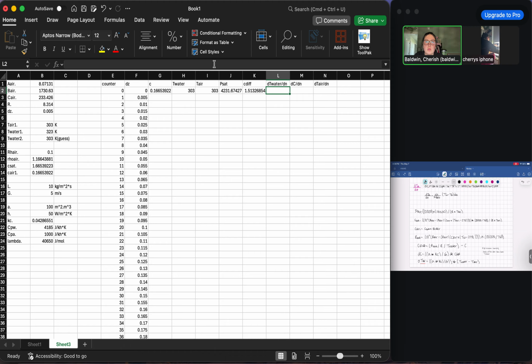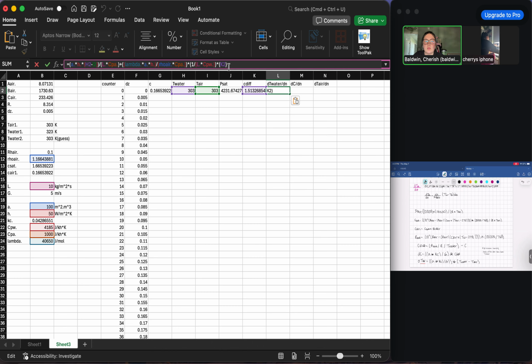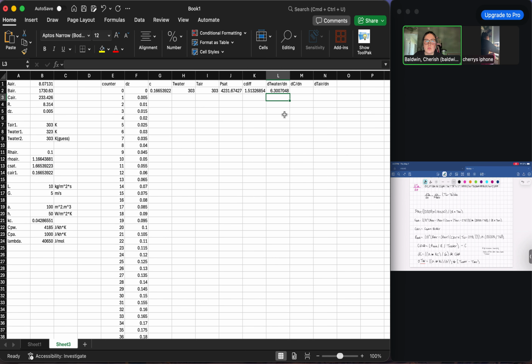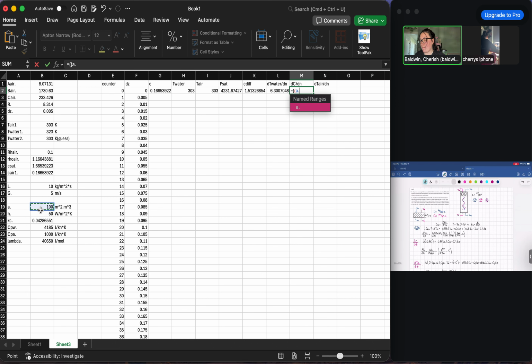Now we can go ahead and calculate our C, which is our packing area.